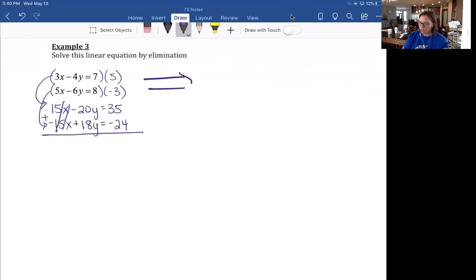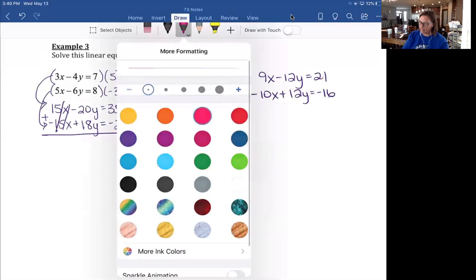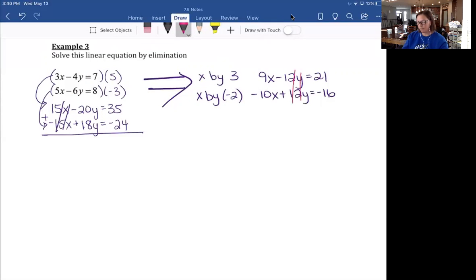Now, the other thing I could do is change it so that I could eliminate the y variables. So the first equation, I'm actually going to multiply by 3, and I would get 9x minus 12y equals 21. And the second equation, I would multiply by negative 2, and I would get negative 10x plus 12y equals negative 16. And you can see in that case that the y's would cancel, okay?